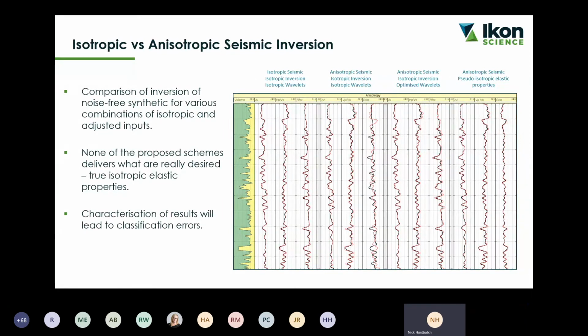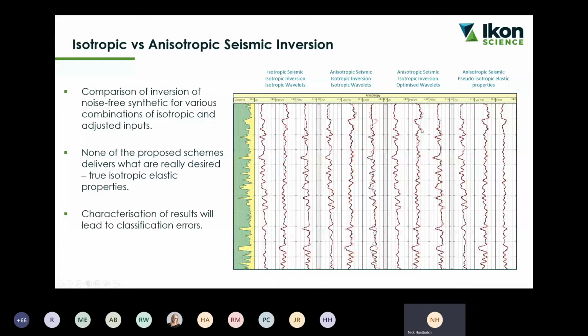You wouldn't have purely isotropic wavelets with anisotropic seismic if you're using a quantitative well-tie approach. But what happens if you ignore the anisotropy effect is you start to overshoot your VPVS ratio, and the density is basically flipped polarity. So you're not accounting for what the seismic is responding to correctly, and therefore your predictions are not great.